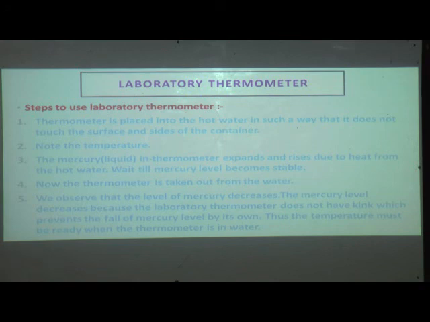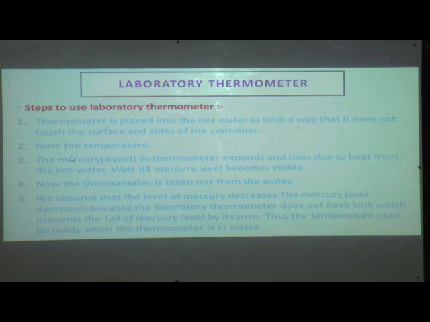In whichever container you have that liquid or substance whose temperature you are going to measure, you have to keep this thermometer so that it will not touch its surface and sides.